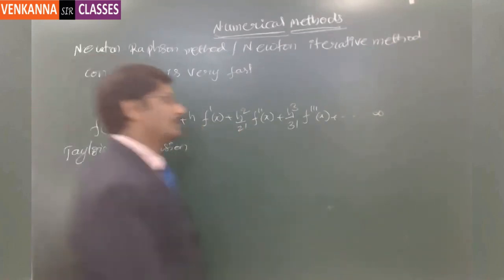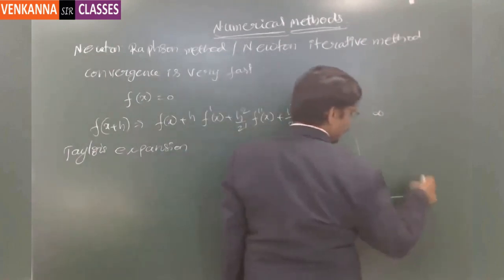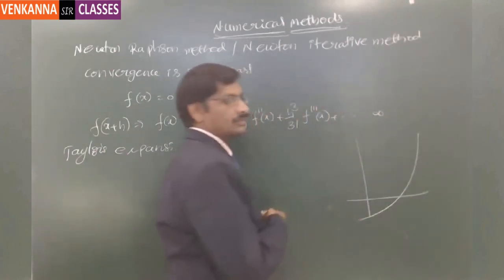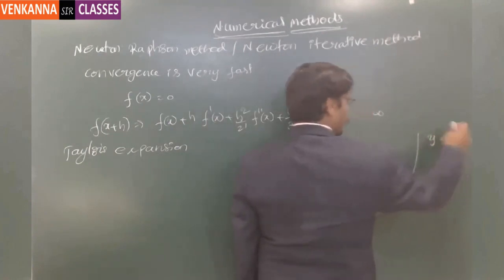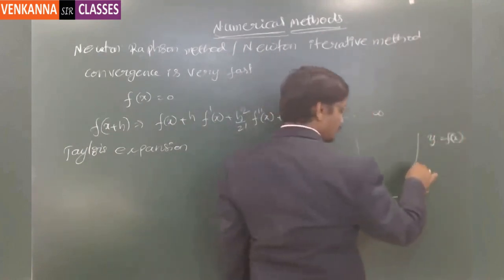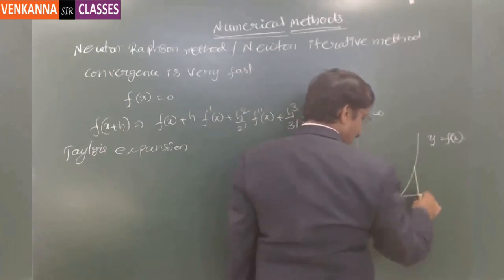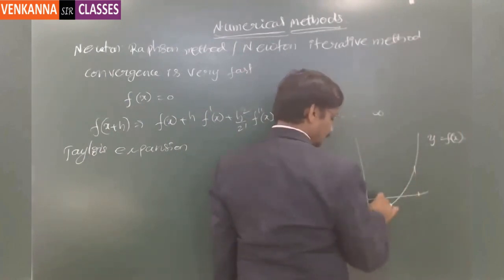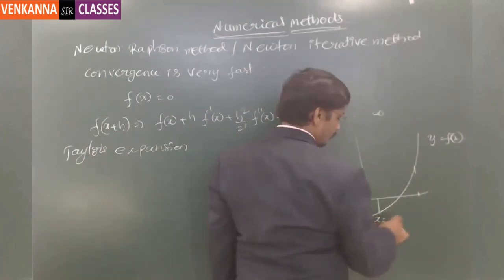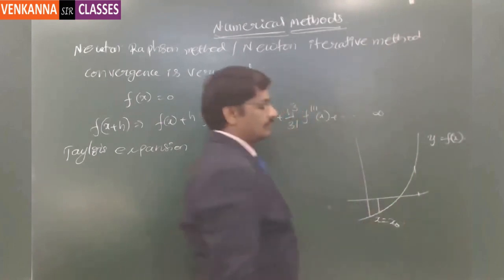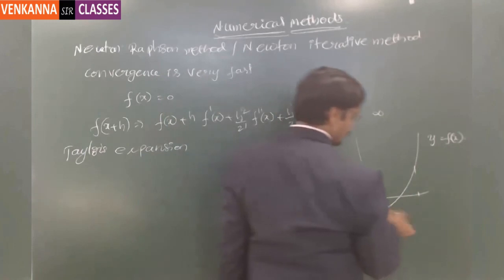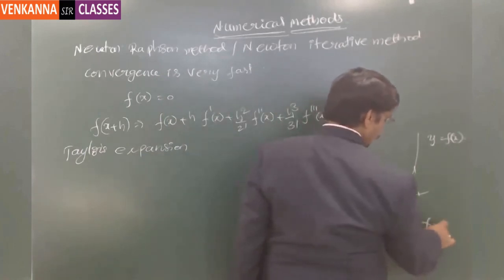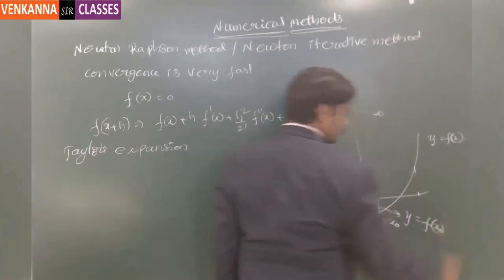So let us say this is the function y is equal to f of x. Now if you consider the function value at this particular location, this is at x is equal to x naught, and here the f of x naught value, so this function value is nothing but y is equal to f of x naught. This is the functional value.